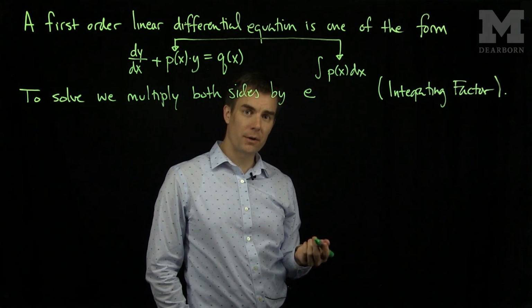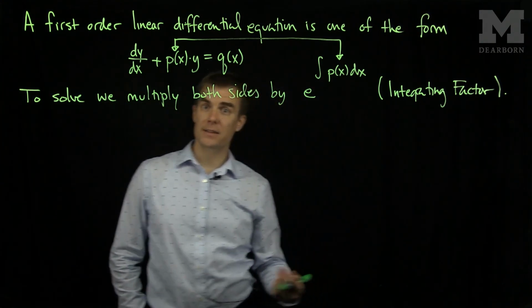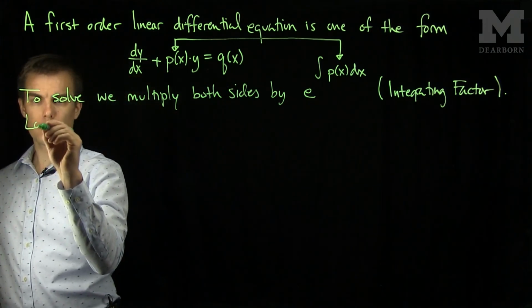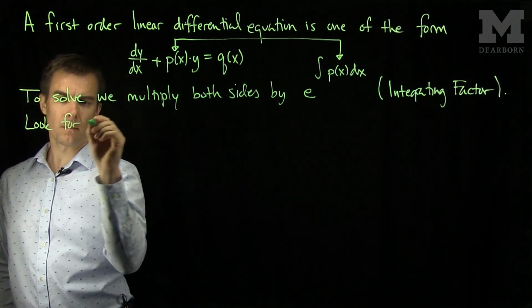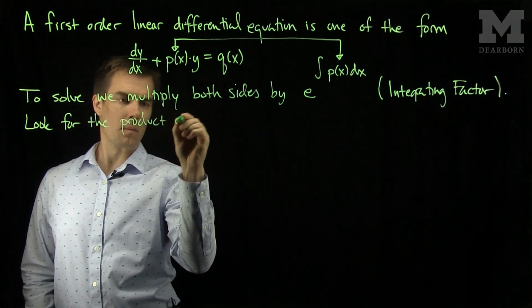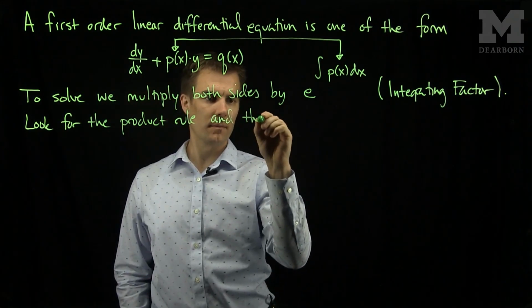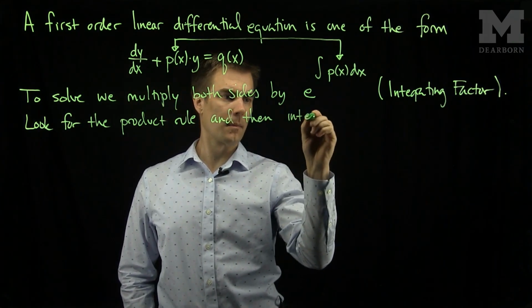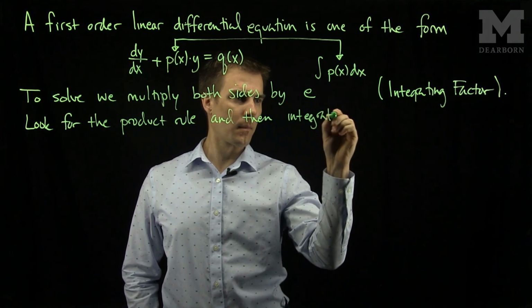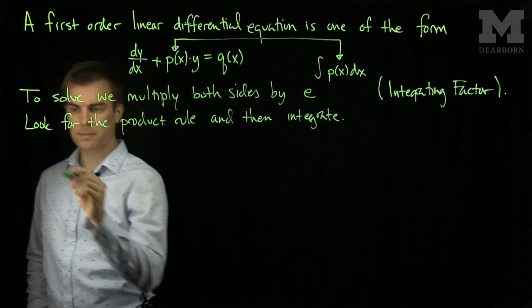Once we've found the integrating factor, we will look to see the product rule on the left-hand side of the equation. And then integrate. So let's see an example of this technique in practice.